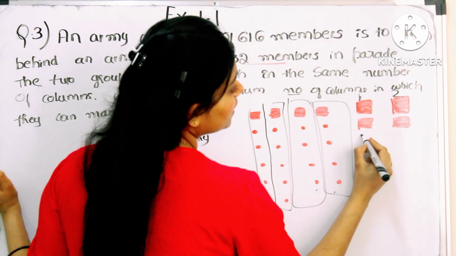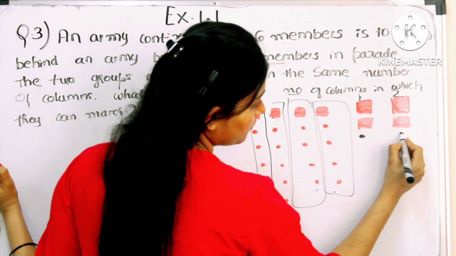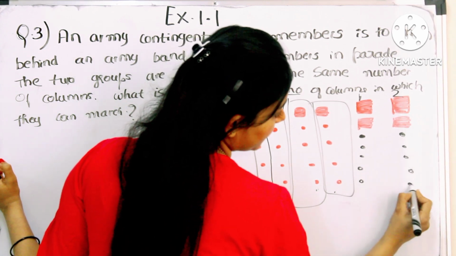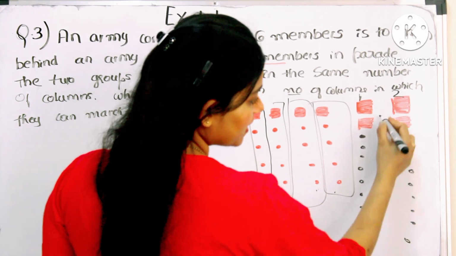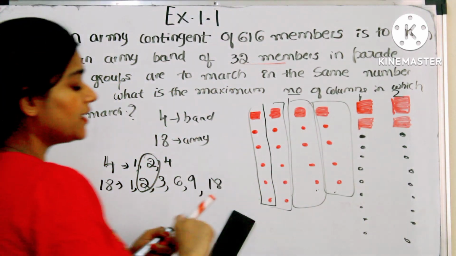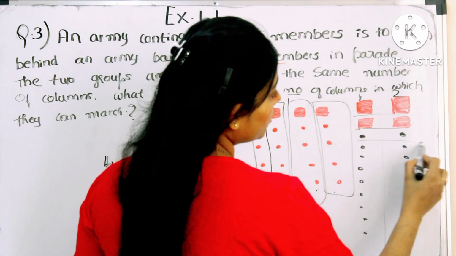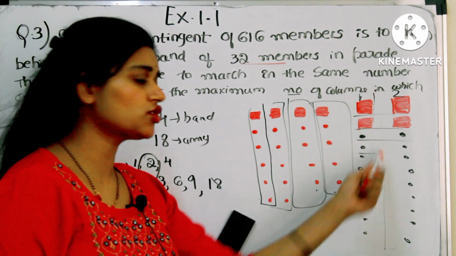Then you put 18 army members to distribute for each group: 1 2 3 4 5 6 7 8 9 10 11 12 13 14 15 16 17 18. See, now both columns are equal, divided into 2 parts, and there is an equal number of members in each column.